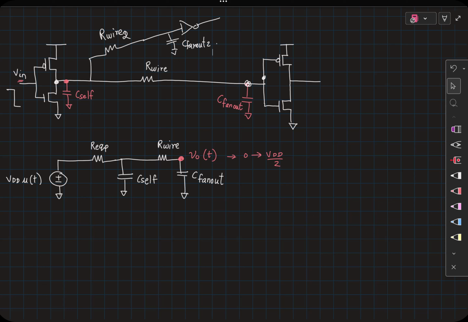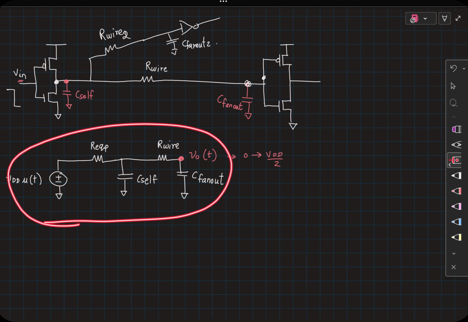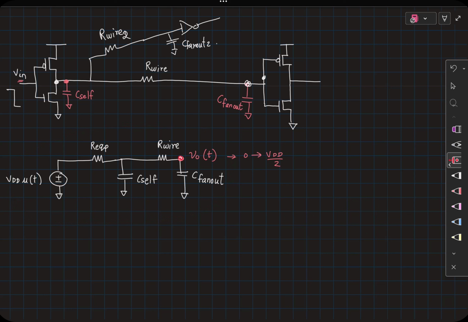So what we are going to say is, I know that this is a second order circuit. So I know that this V naught of t is going to approach VDD, based on the equations corresponding to the second order circuit. I'm going to assume that this V naught of t still has a first order response. If it's a first order response, I can simply write it as VDD into 1 minus e power minus t by tau.